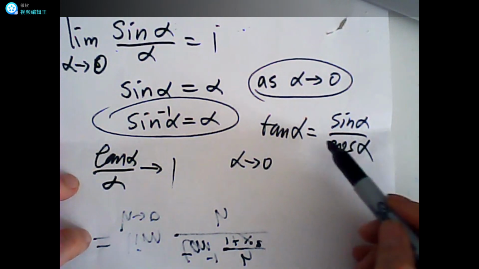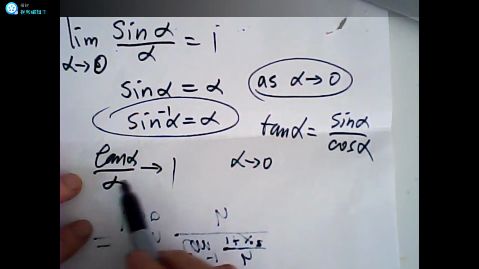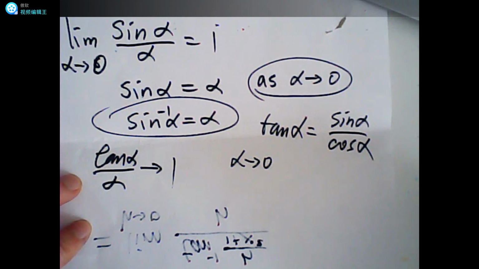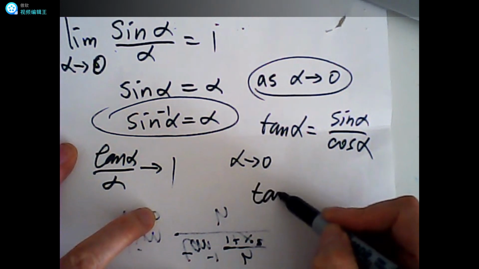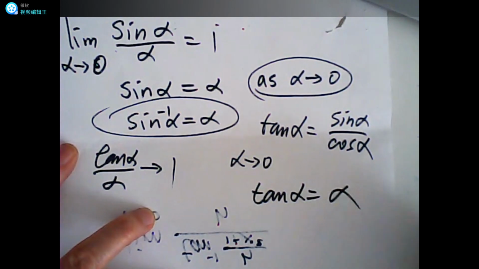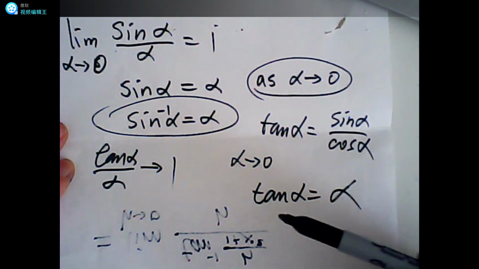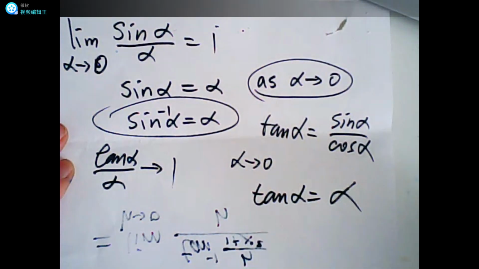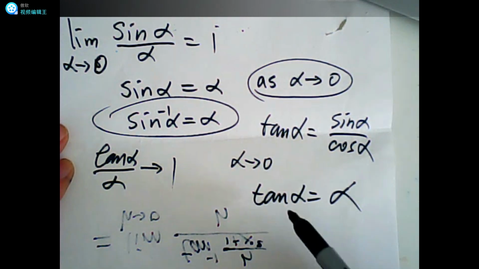Because this over alpha is going to 1, because sine alpha over alpha is 1. So which means that tangent alpha is equal to alpha when alpha is very small. I just repeat the last story again. So when alpha is very small, tangent alpha is alpha.